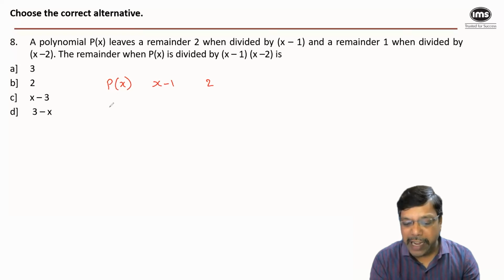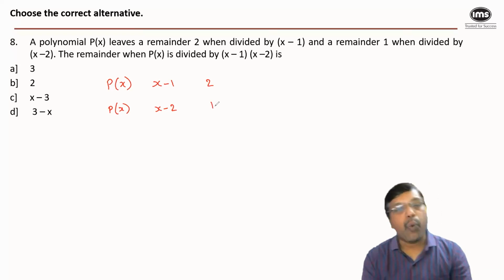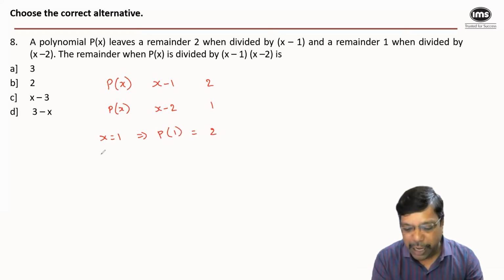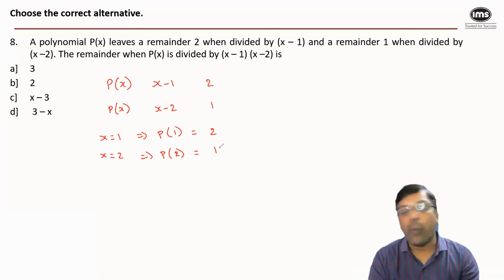And if I divide the same polynomial p of x by x minus 2, the remainder is 1. Meaning, if I substitute x equal to 1 in p of x, that is p of 1, the remainder must be 2. And if I substitute x is equal to 2 in p of x, that is p of 2, should leave a remainder of 1.